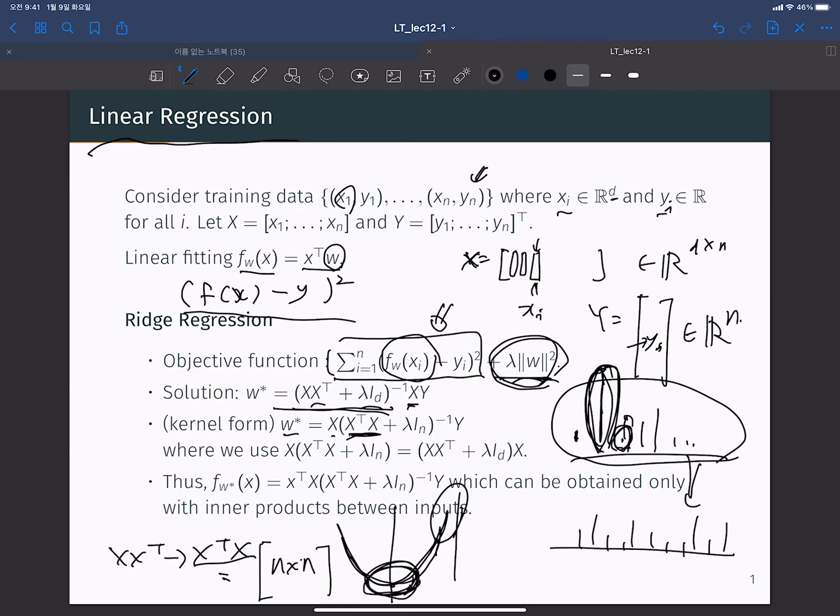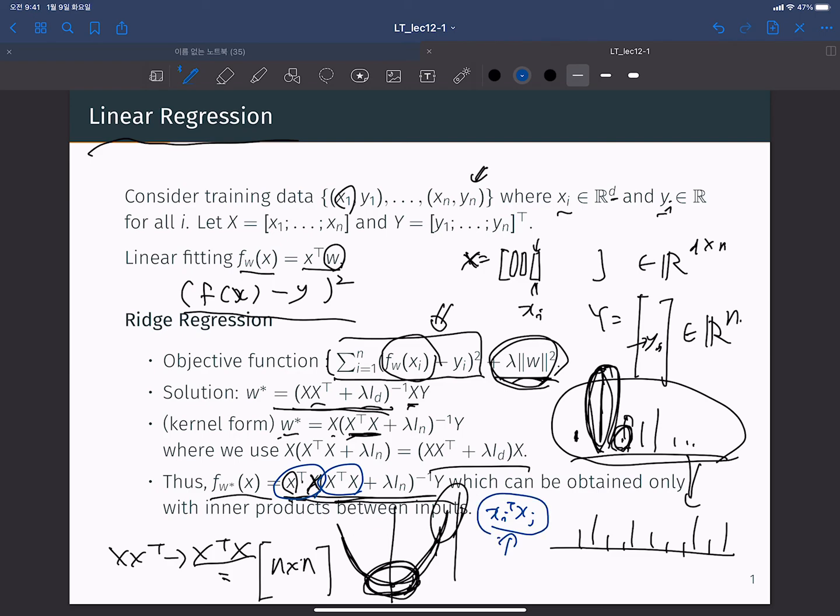So with this W star, the function f_W star of x is defined as follows: input x transpose, input matrix X, times (X transpose X plus lambda identity matrix) inverse times Y. And when you compute this, a very interesting thing is that every computation consists of inner products between Xi and Xj.